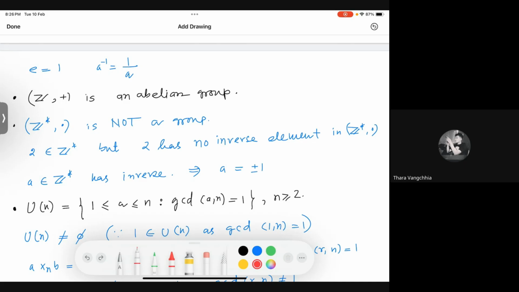But if A is an invertible element of Z star, then A has two choices: either it can be 1 or it can be -1.